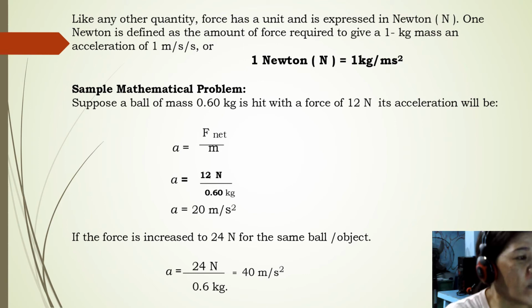So you have to substitute the value of the net force, which is 12 Newton, over 0.60 kilogram, that is the mass of the ball. Then the acceleration would be 20 meters per second squared.